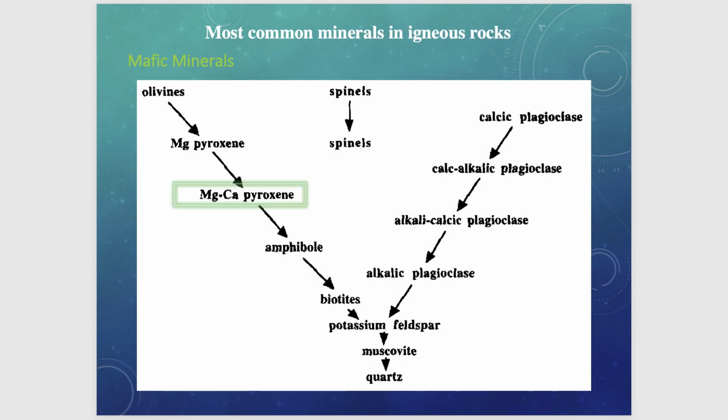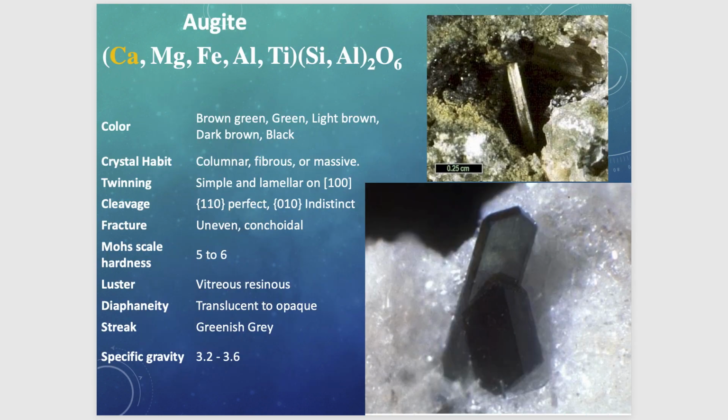If we move down, we start to see an increase in calcium concentration in the pyroxene, and quite commonly that translates into augites. So we have another type of pyroxene. You can see the structure is very similar. It's a coordination of silica tetrahedrons that can be partly replaced by aluminum tetrahedrons, and quite often you have a variety of cations that enter on the sides of the tetrahedron, represented by either calcium, magnesium, iron, aluminum, or titanium.